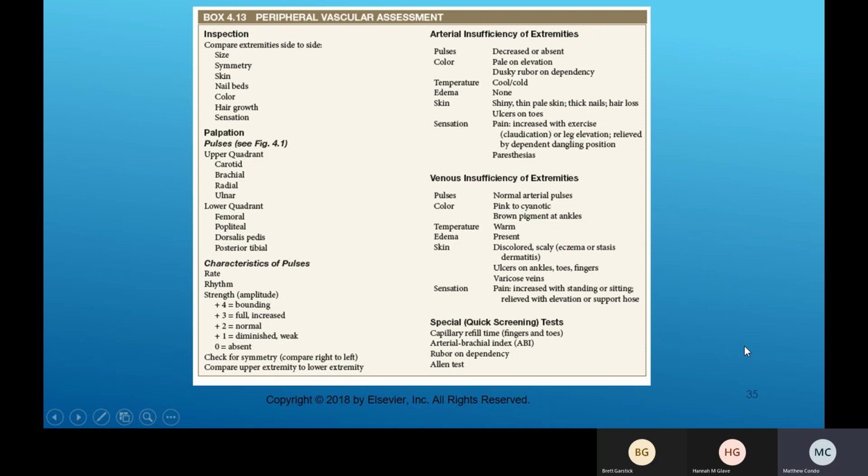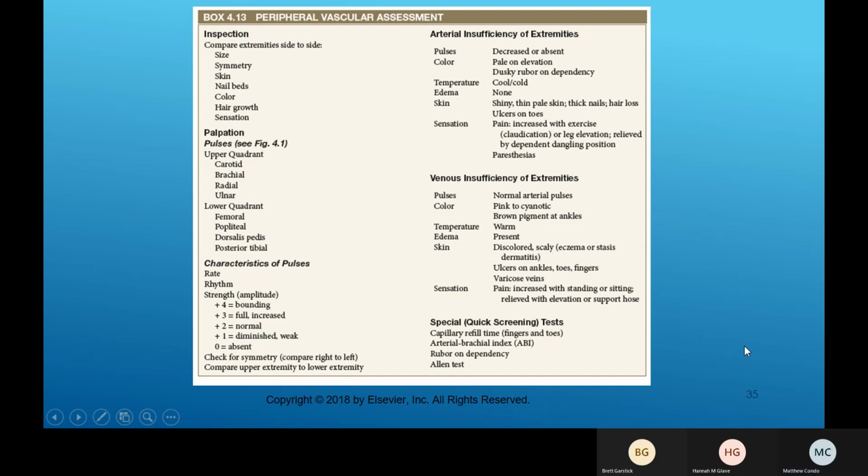When it comes to peripheral vascular assessment, and I understand this box looks like a ton of stuff, this is going to be really super basic, right? I mean, let's think about it. If I have arterial insufficiency, then I'm going to have decreased pulses, the skin's going to be cold, clammy, shiny, there's going to be decreased hair growth, right? All those real basics. That's all this box is saying.